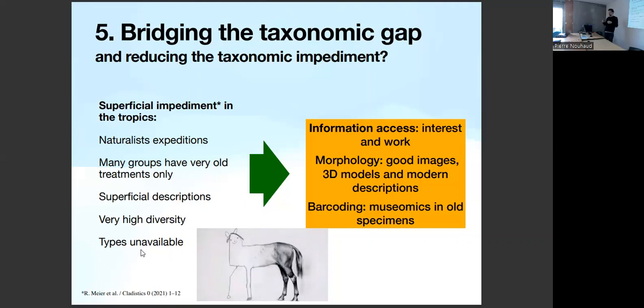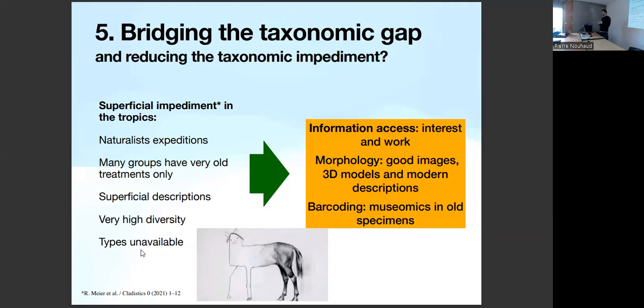And we cannot use the descriptions to compare with our species and describe them. And we don't have access to the types to know if it's a new species or not.